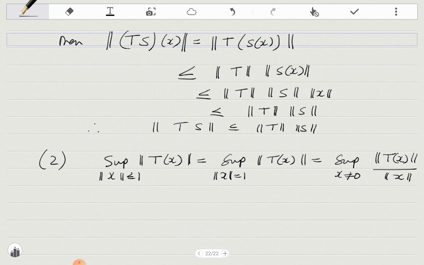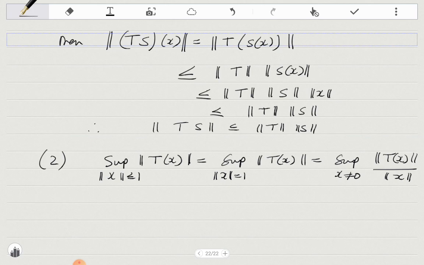This is just an exercise in the definition of the supremum of a set. And of course, the only property that we need of T is that it's linear. Linearity and the definition of sup will give these two equalities. So I won't prove this. I leave it as an exercise.